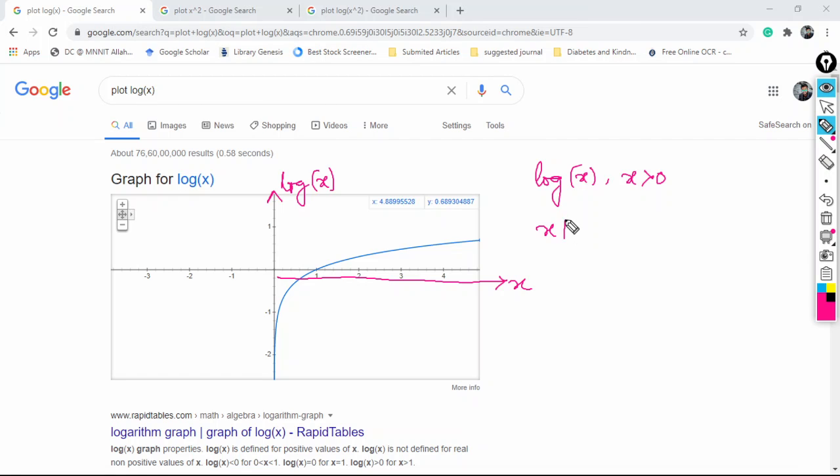If our argument is increasing, then log of x is also increasing, and if x is decreasing, then our function is also decreasing.